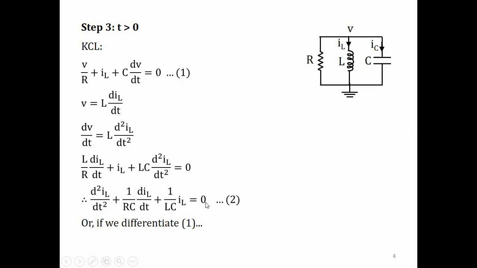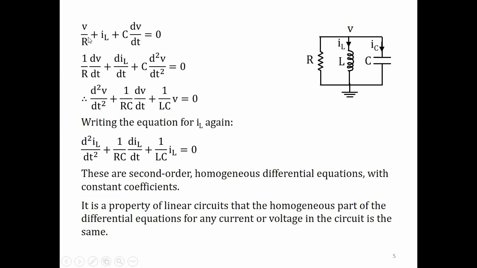Or the other thing we can do: here what we got is an equation for IL. Now let us differentiate the first equation. So we get dIL dt, and then for dIL dt we substitute V. So we get an equation for V. We differentiate this, so we get 1 by R dV dt plus dIL dt plus C d2V dt squared equal to 0.